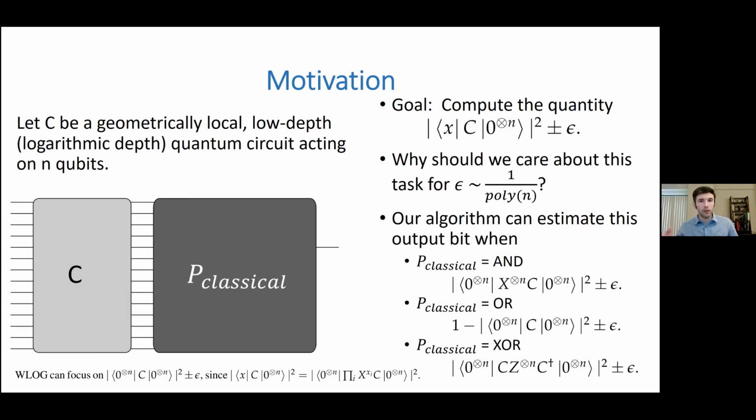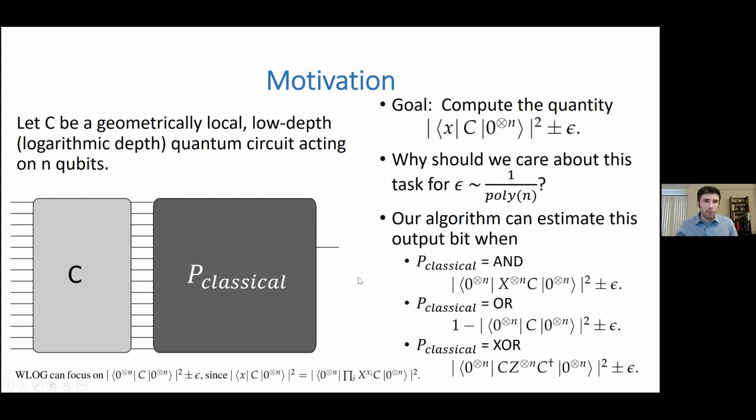We can also solve the problem when it is the logical OR gate. We can handle any negations of those wires with that single gate. And also, interestingly, and I won't get into the details here, we can also solve this problem when it's an XOR gate, so when it's the parity of all the output bits, right?